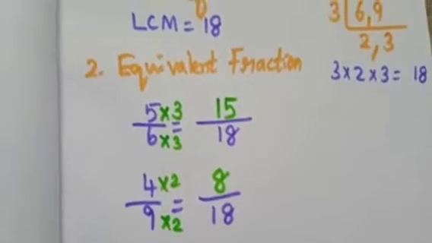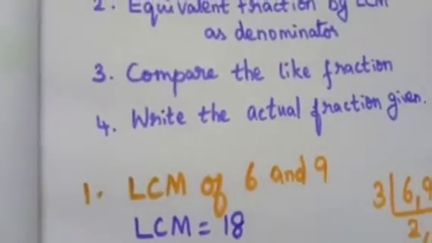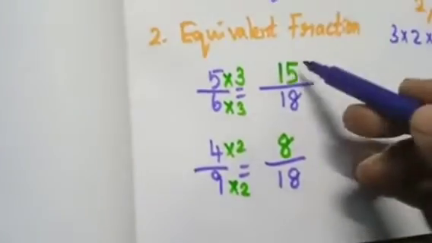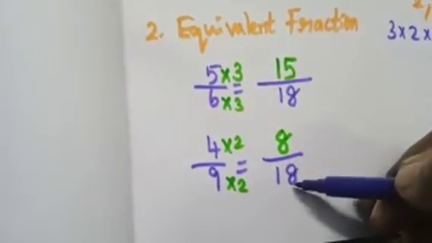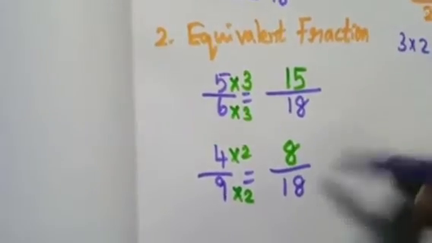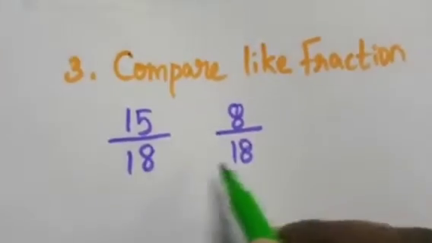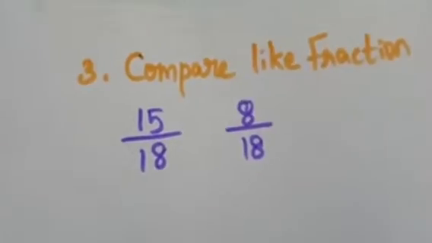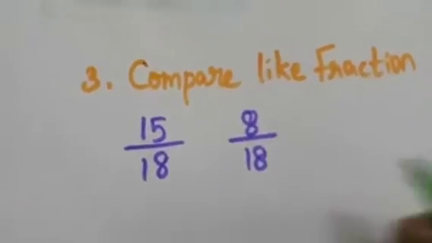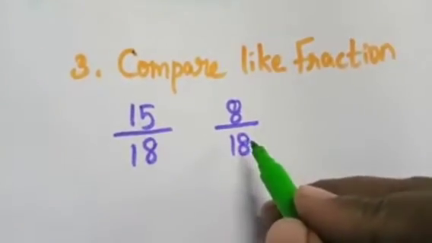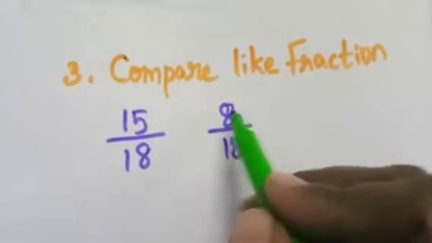Now the third one. What's the third step? Compare the like fractions, isn't it? What are the like fractions here? 15 by 18 and 8 by 18. They are like fractions because the denominators are the same, isn't it? Now we compare the like fractions 15 by 18 and 8 by 18. Which is greater? 15. If it is a like fraction, it is very easy, we compare only the numerator.